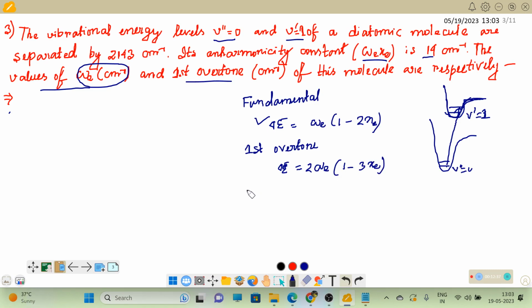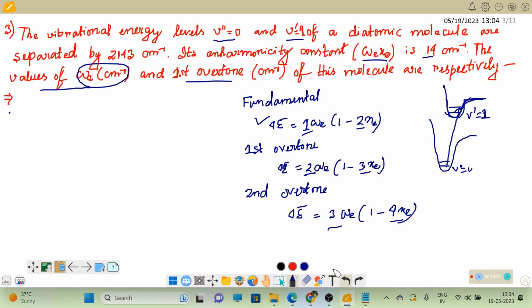I'll tell you how I remember this thing. Second overtone is 3 omega E, 1 minus 4 xc. I took common from every one of them, omega E. You can see here 1, 2 and 3, here 2, 3, 4, increasing one by one.